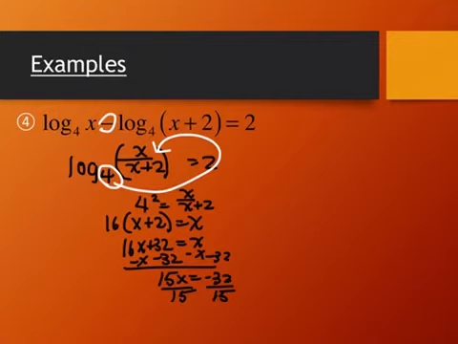But we want to make sure that it works inside of the original equations. And in particular, this is already a negative value, and so I can't use it because the inside here is just x, so anything negative is not going to work. So this one doesn't work. So what do we have to do? Well, if that's the only possibility and it doesn't work, then that would mean that you have no solution.